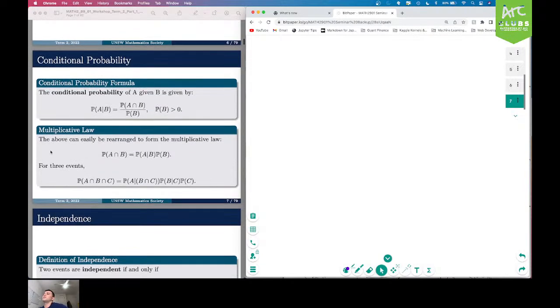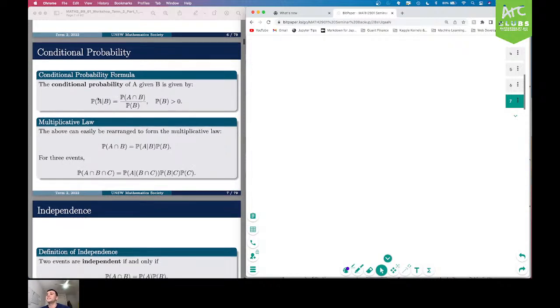We have this thing called conditional probability as well, where this vertical bar means given. The way you would read this is the probability of A given B is the probability of A intersect B over the probability of B. What you'll see here is that if the probability of B is 0, you're going to run into serious problems, so we do require that the probability of B is greater than 0.